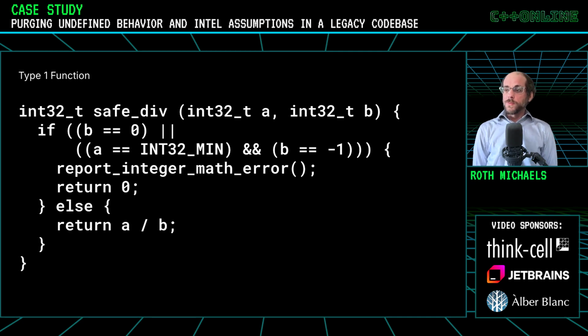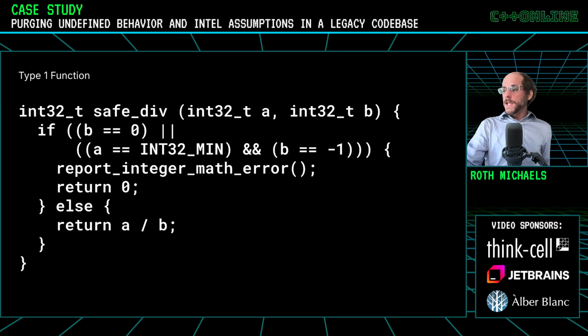This is a type 1 function. We'll call it safe divide. It takes two numbers, A and B. Essentially, it's going to make sure that we're not going to invoke any undefined behavior in this function, because dividing by 0 is undefined behavior, and we also don't want to do any signed integer overflow.